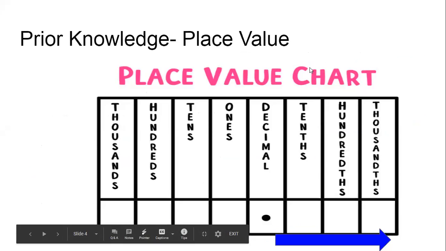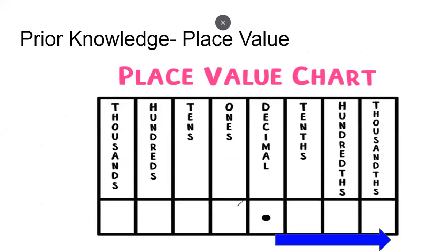Let's go back here and let's put it in the chart. So I have no ones, okay? But I have 75 hundredths. So 3/4 is equivalent to 75 hundredths, and we wrote that in decimal form.